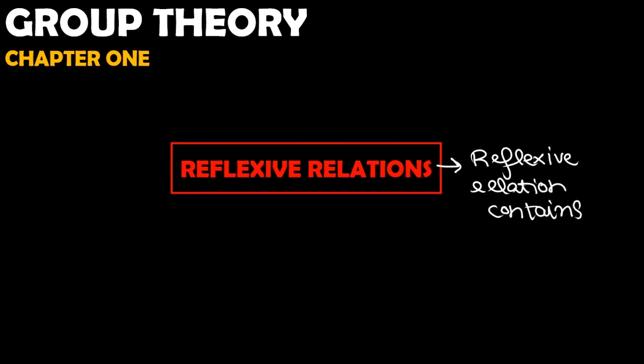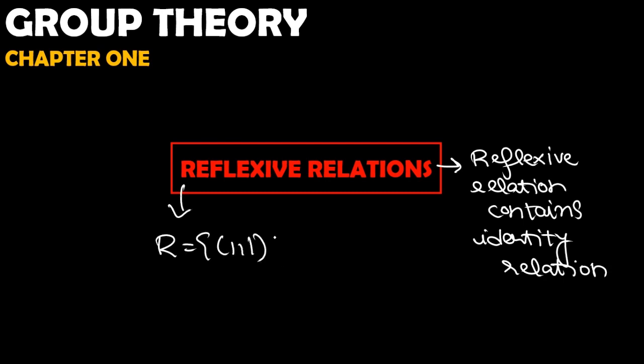It is not itself an identity relation, but it contains the identity relation. For example, if I have a relation R which is (1,1), (1,2) and (2,2), this is an example of a reflexive relation because it contains the identity relation and other pairs as well.